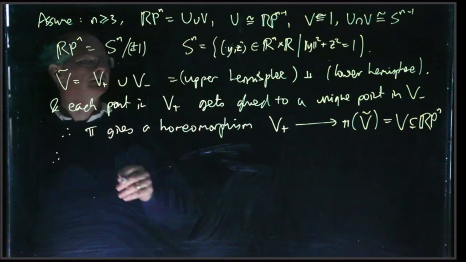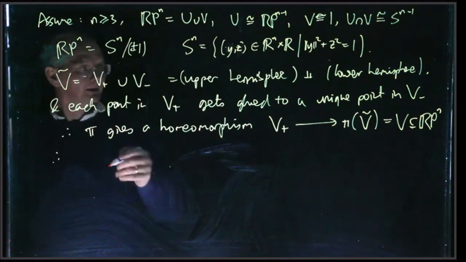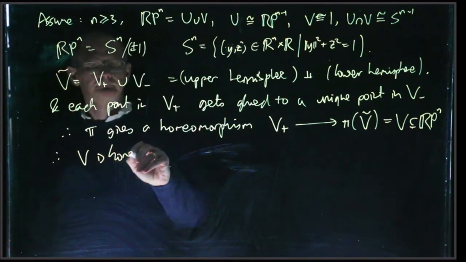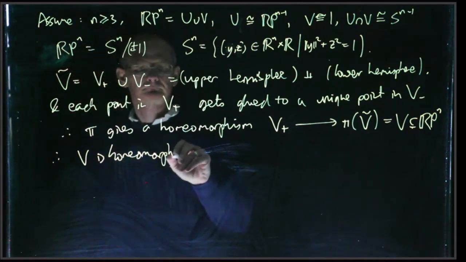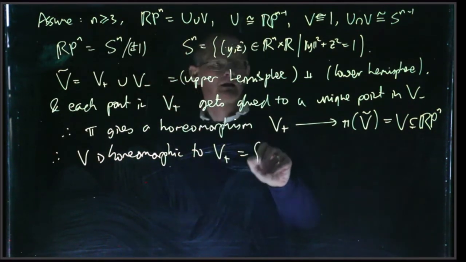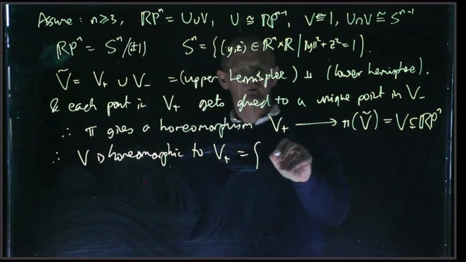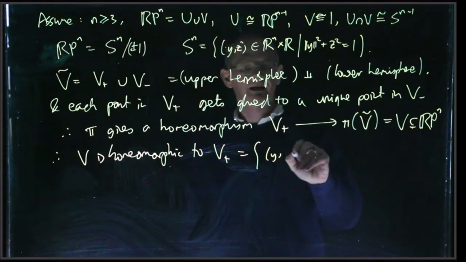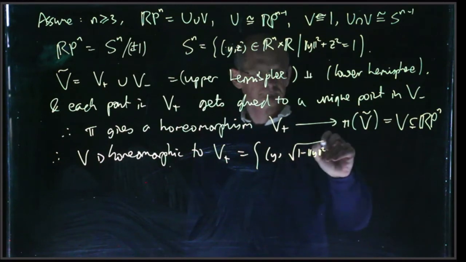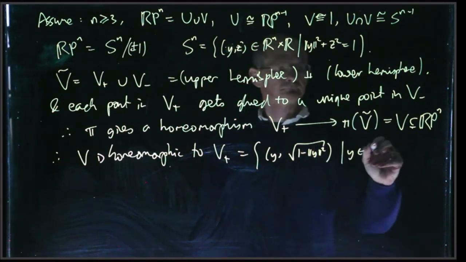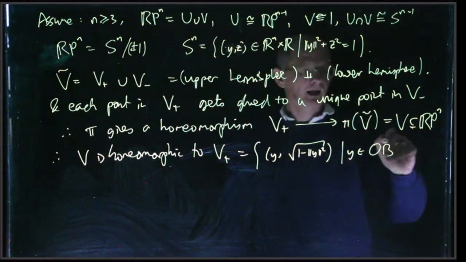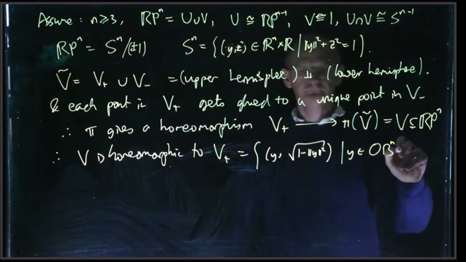So our V is V plus, which is just the set of things of the form (y, square root of 1 minus norm y squared), where y is any point in the open n-ball.